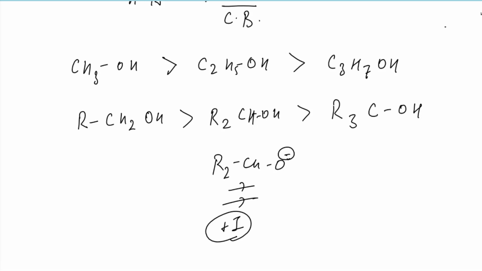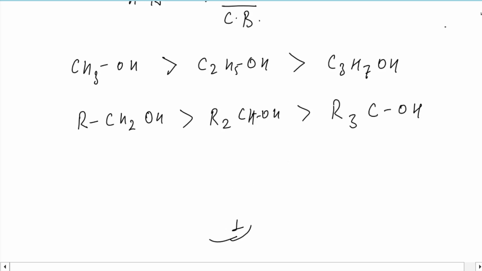Basically, we can understand this in two ways: it will destabilize the negative charge, and it will also result in decrease in polarity of the OH bond, because of which acidic character will decrease. So basically, the more alkyl groups there are, the less acidic the compound will be.